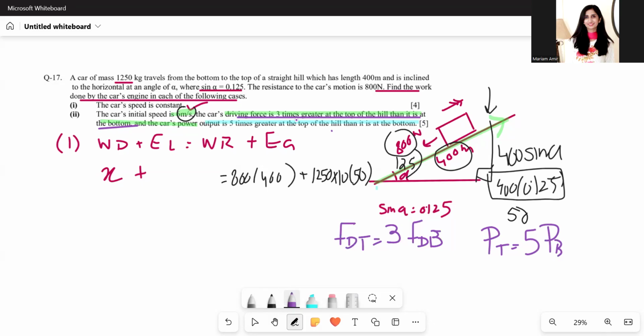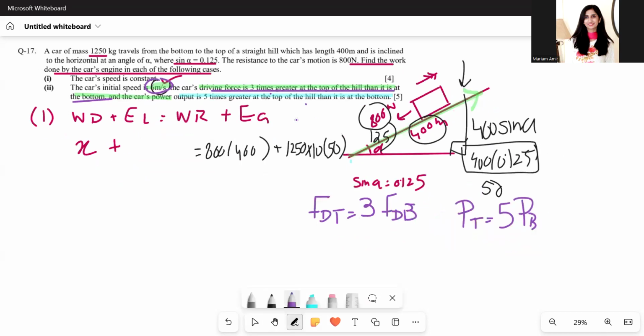Okay, I've rewritten that. Now let's solve these and get the value of V to determine whether it's bigger than 6, in which case it's a gain in kinetic energy, or smaller than 6, in which case it's a loss in kinetic energy. Power is force times V. So force at the top times speed at the top is equal to 5 times force at the bottom times speed at the bottom. Speed at the bottom is 6, so I'm writing 6 here.